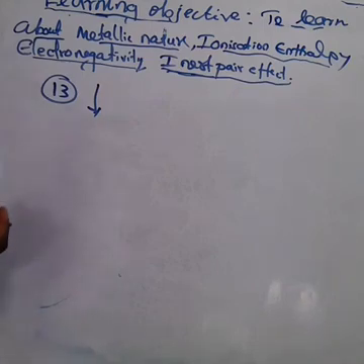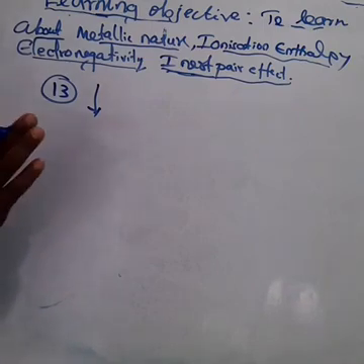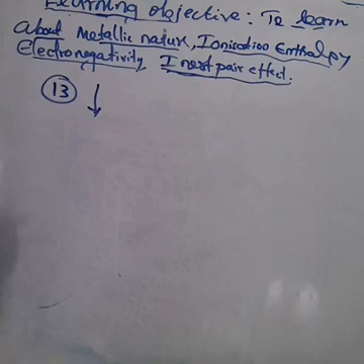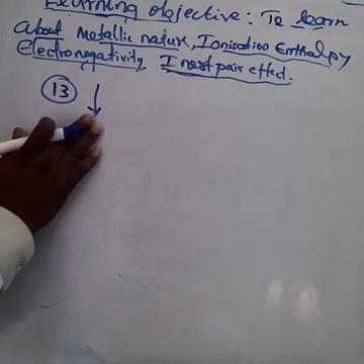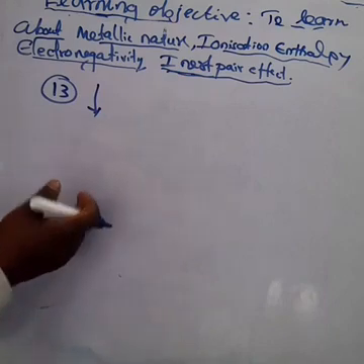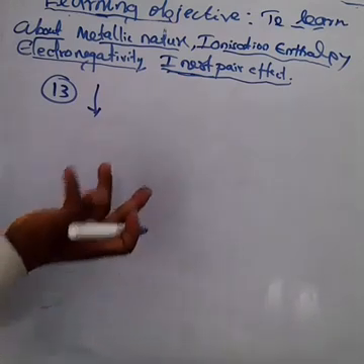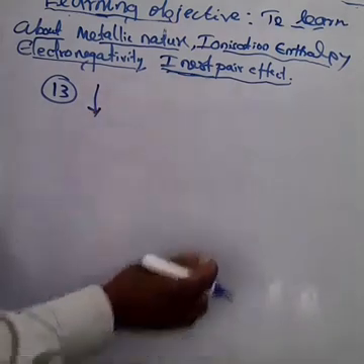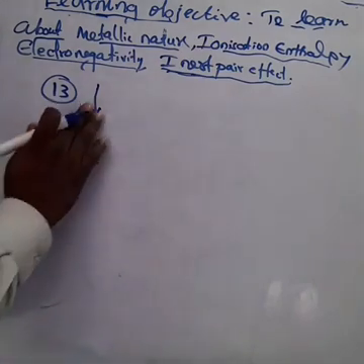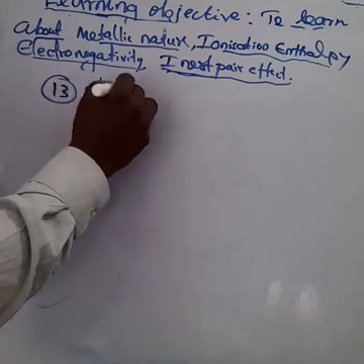Why is there a small difference in the 13th group? When we compare the 18th group, 17th group, 16th group, 15th group, there is no problem because ionization energy decreases from top to bottom. Only the 13th and the 14th group have a small marginal difference.